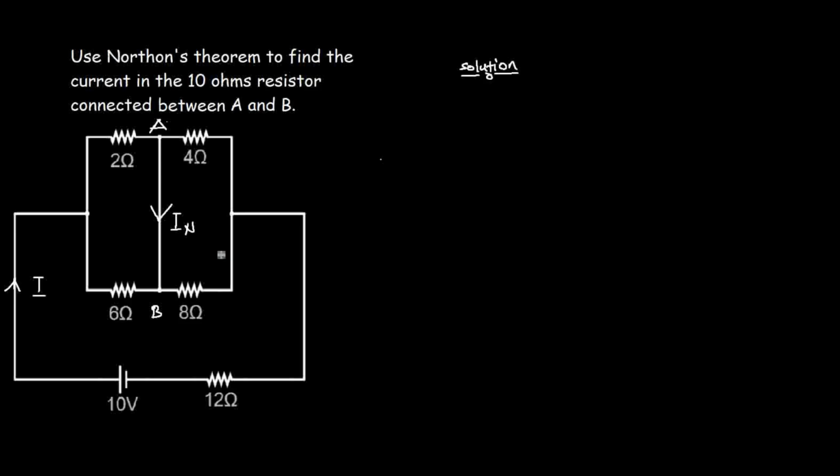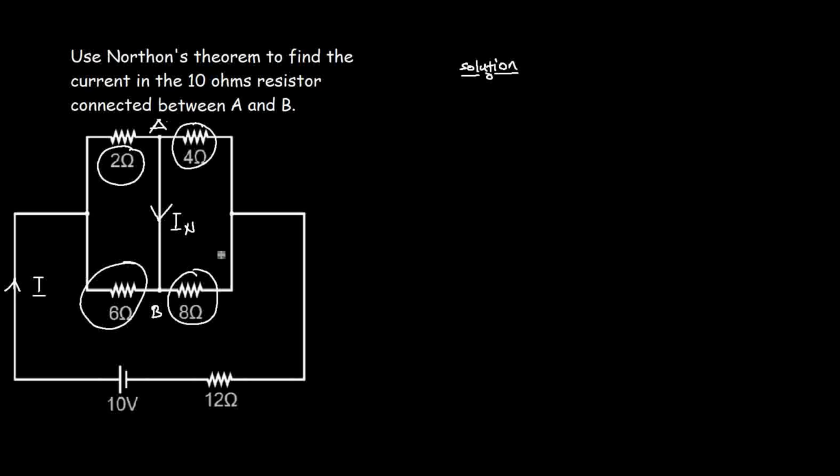To calculate the total current I, you will have to know the effective resistance of this circuit. So we will calculate the effective resistance, then use that to calculate the total current, since you know the voltage also. You see that this 2 ohms resistor and this 6 ohms resistor are in parallel, and also this 4 ohms is in parallel with this 8 ohms.